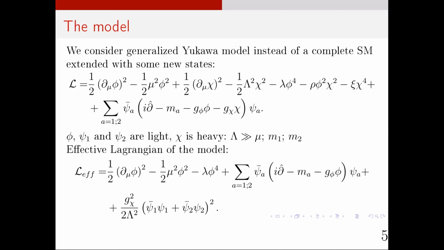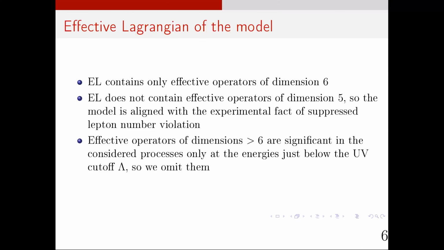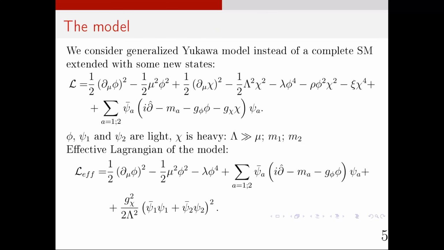What are the features of this effective Lagrangian? As you can see, this Lagrangian contains only effective operators of dimension 6. It doesn't contain operators of dimension 5, and we do not consider here operators of dimension bigger than 6. Why is it so? It is known from the experiment that operators of dimension 5 introduce lepton number violation.